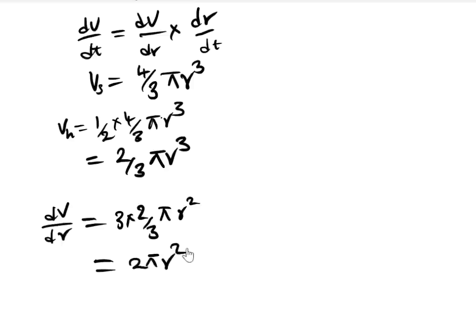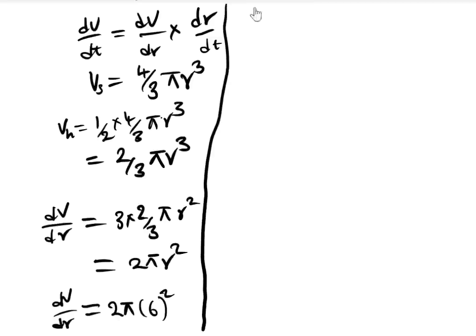But we were given that r is 6 meters. If we substitute r to be 6 meters, then dV/dr will be equal to 2 pi times 6 squared, which is 2 pi multiplied by 36, and this is equal to 72 pi.